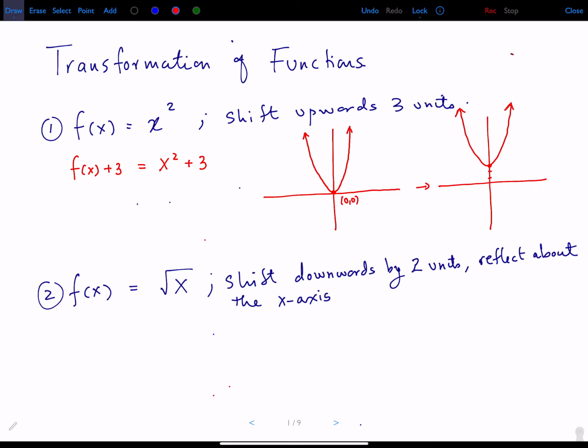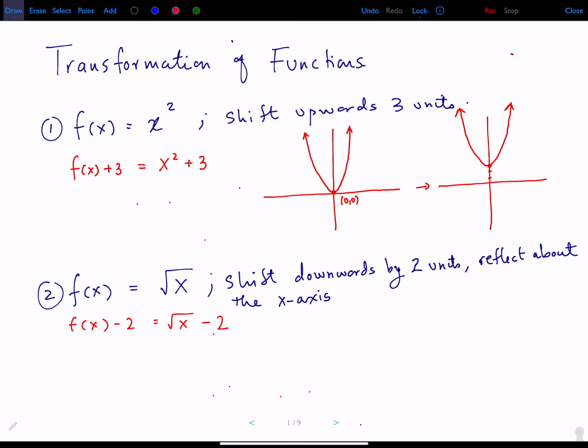Okay. So let's return back to 2 and see if we can execute the sequence of transformations that is happening over here. So my parent graph is f of x is equal to square root of x. And I want to first shift downwards by 2 units. So on the left, I'm trying to do f of x minus 2, meaning when I take the graph of square root of x, I'm going to move it 2 places down. And then I'm going to reflect about the x-axis. So that means that I need to take that function and negate that function.